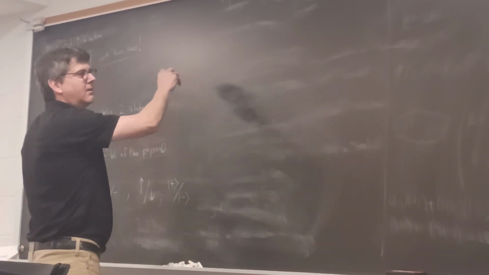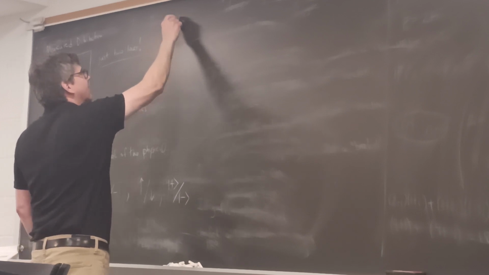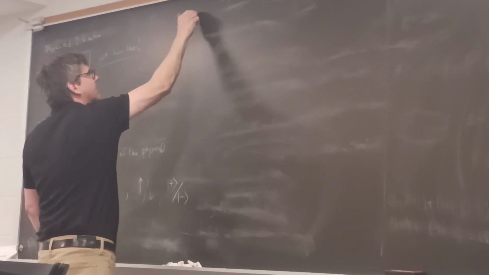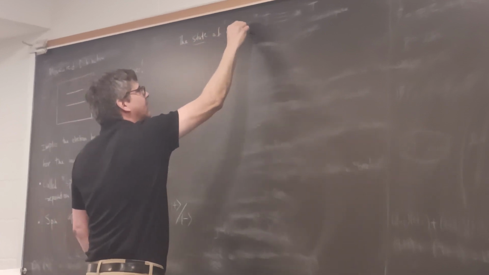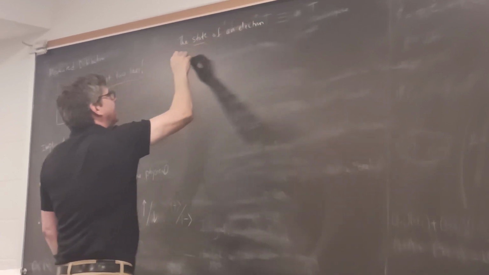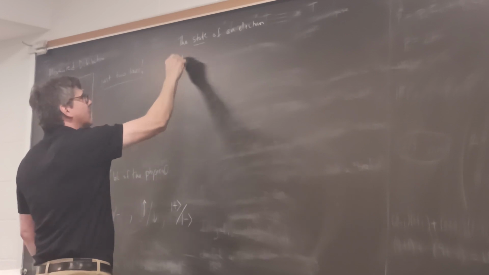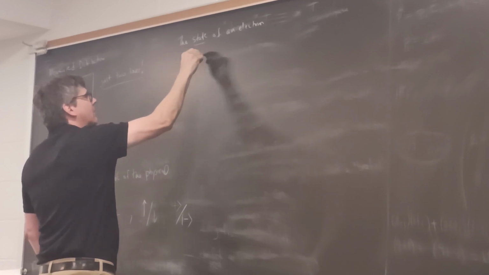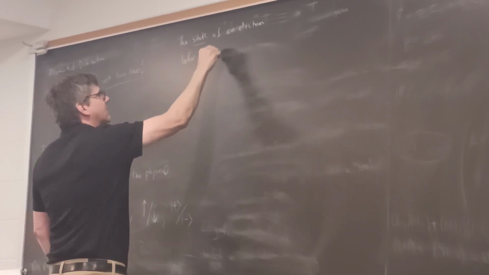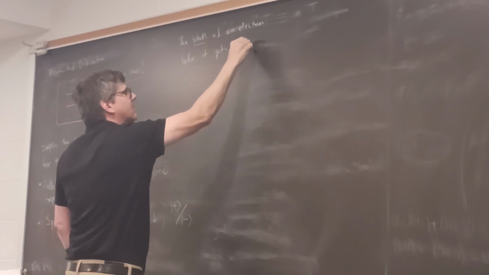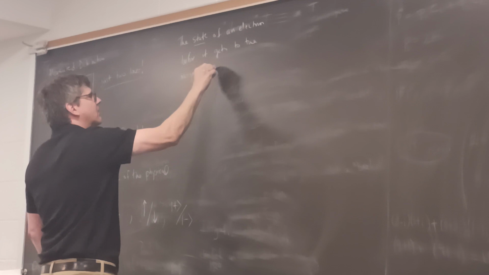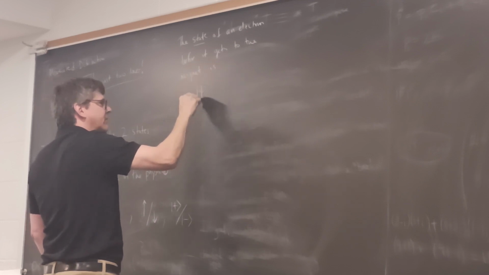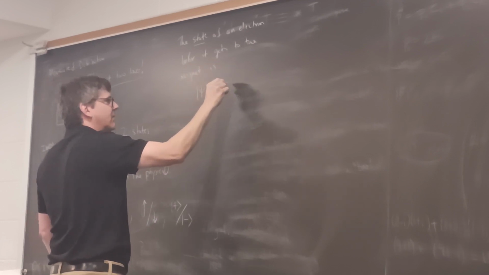Okay, so the state of an electron before it gets to the magnet. I'll just write now psi is a state vector.